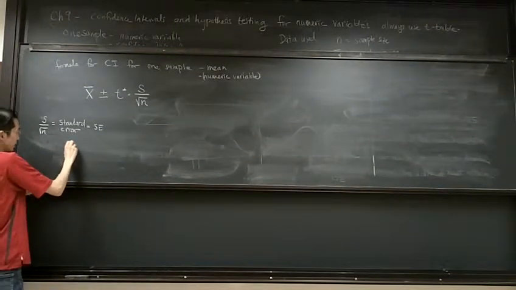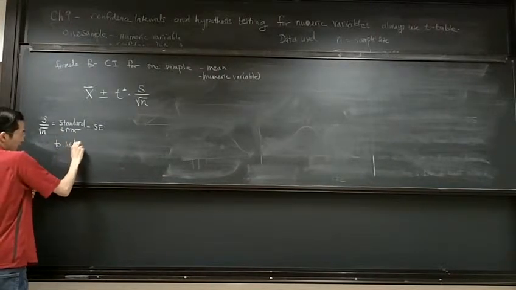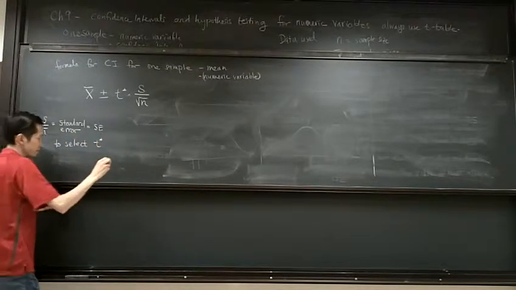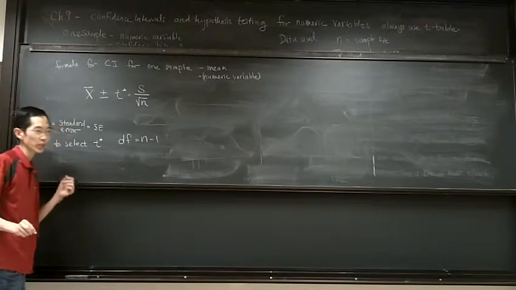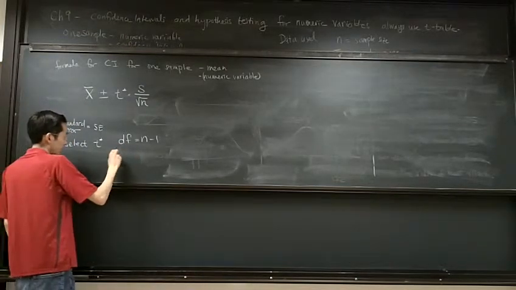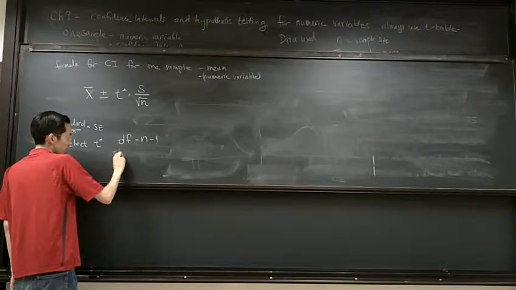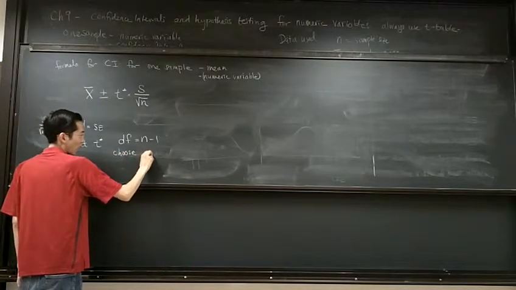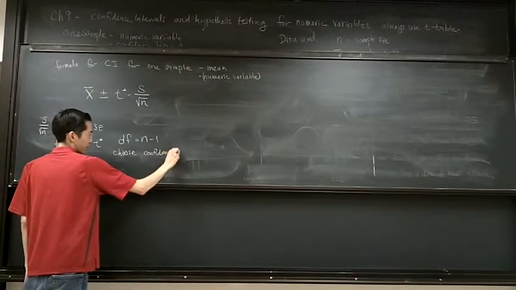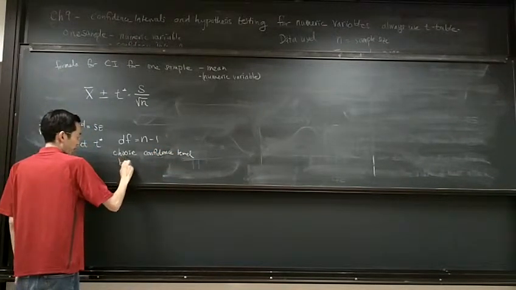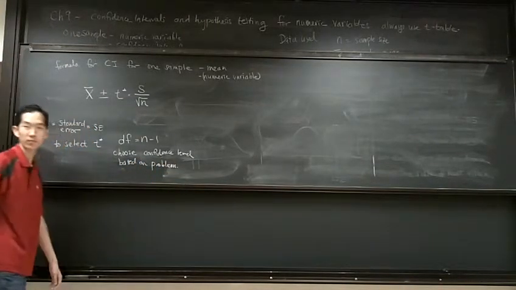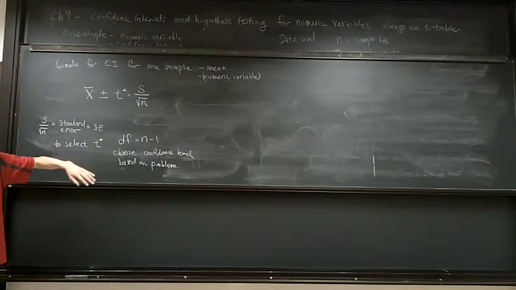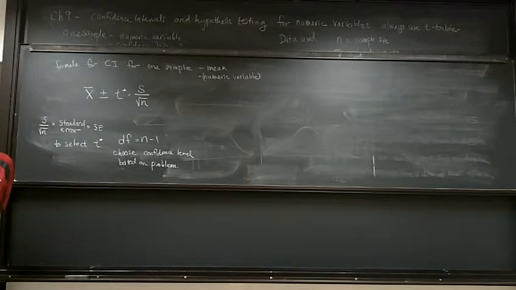To select T star, you need to know that your degrees of freedom is equal to n minus 1, and choose the confidence level based on the problem.